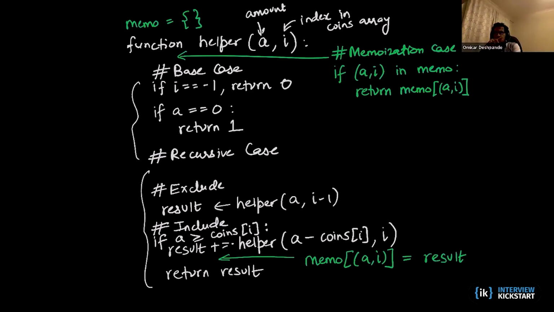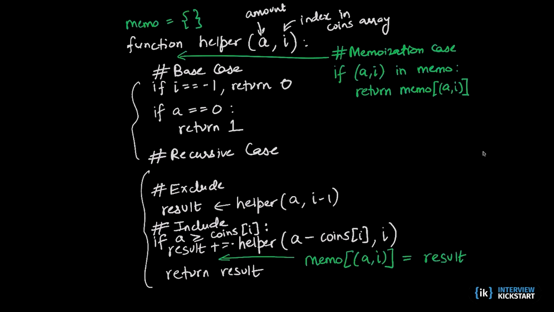Raghu? Yeah, just one little thing. The memoization check we generally do before the recursive case, right? The base cases we would want to execute all the time.